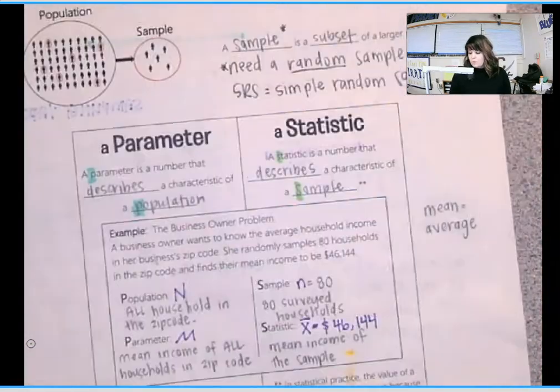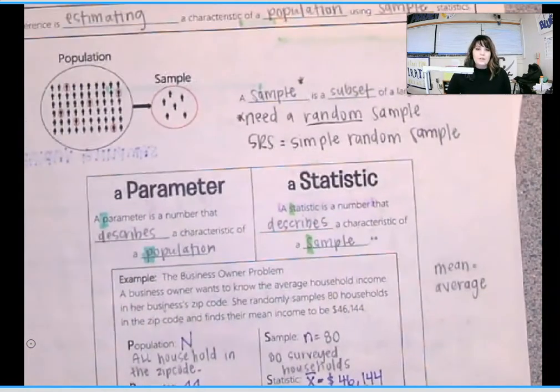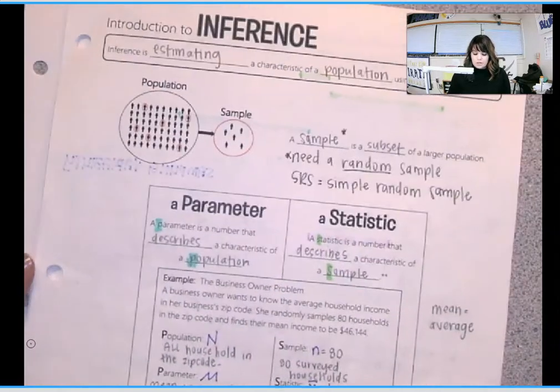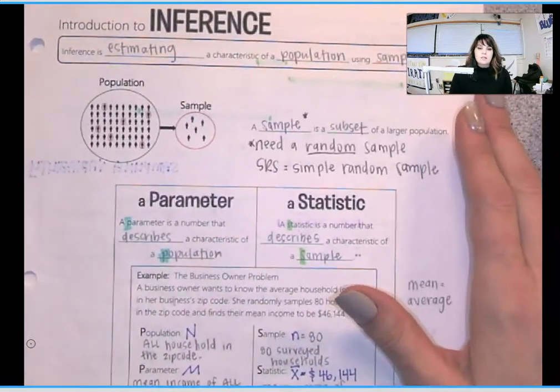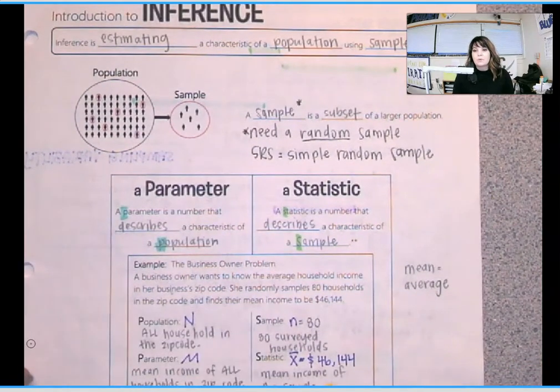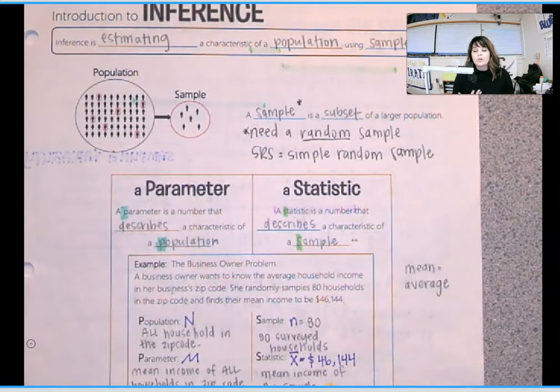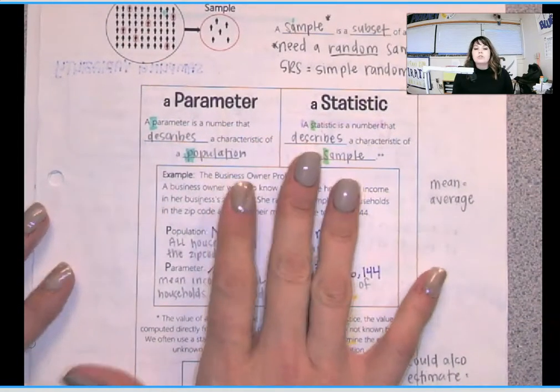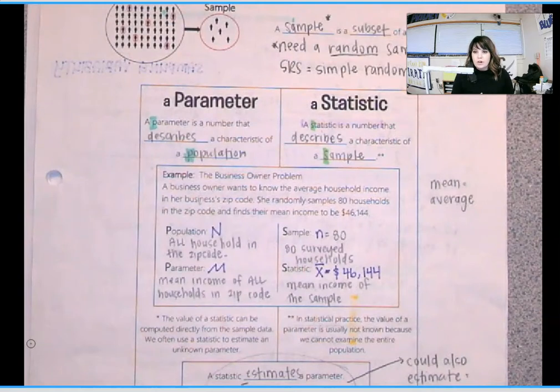So we start with wanting to know information about a population. The easiest way to get that is to take a sample, because often it's not realistic, possible, or doable to look at information from the entire population. Down here goes through the different ways we describe this information.